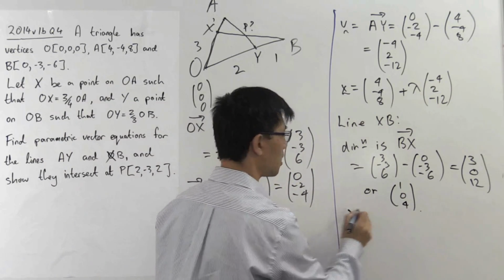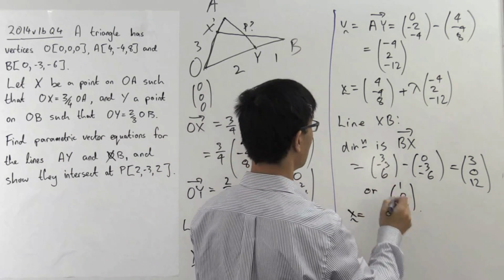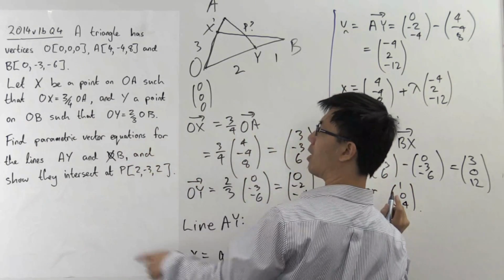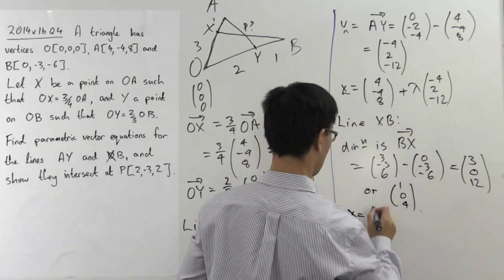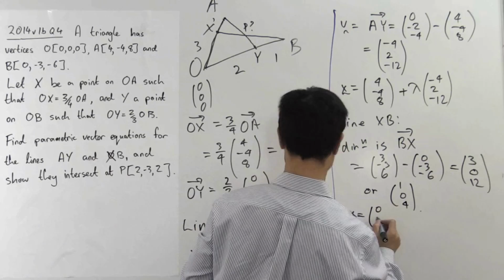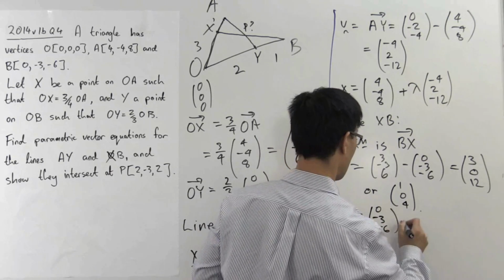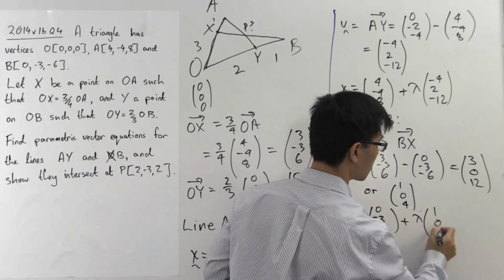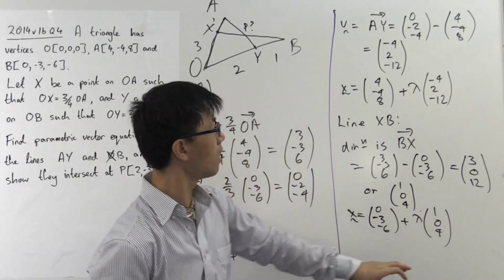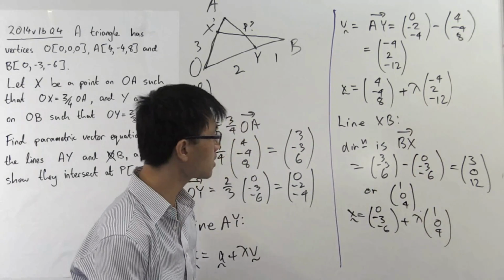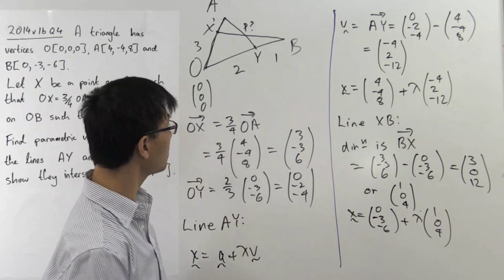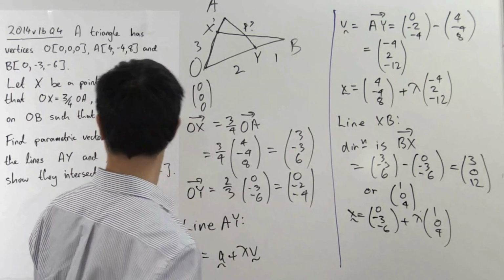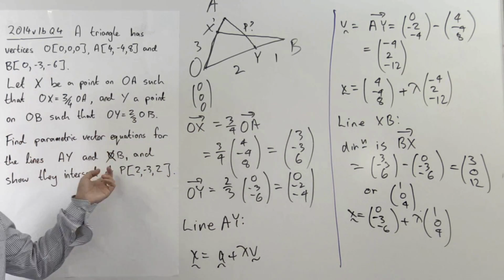So now you can write down the parametric form. So it's going to be the vector B over here, (0, -3, -6), plus lambda times this direction vector, (1, 0, 4). Okay, so we've got both of these. And that's the first part of the question, to find the parametric vector equations.